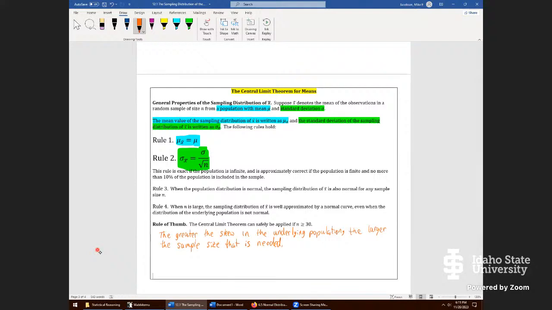Let's add one more thought and mention here, there are populations for which n bigger or equal to 30, let's say here more specifically, n equals 30, will not suffice.